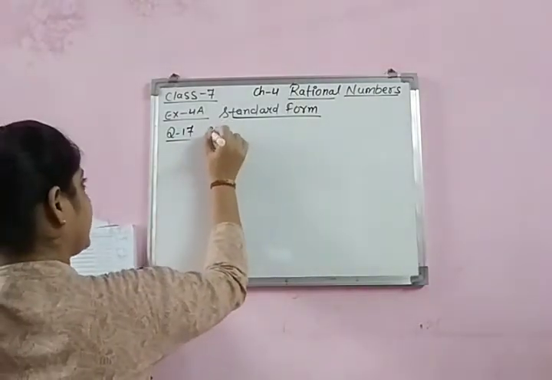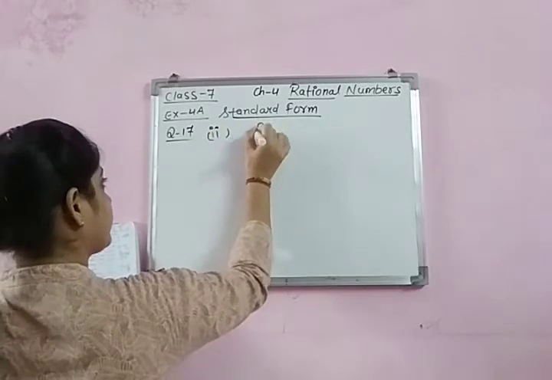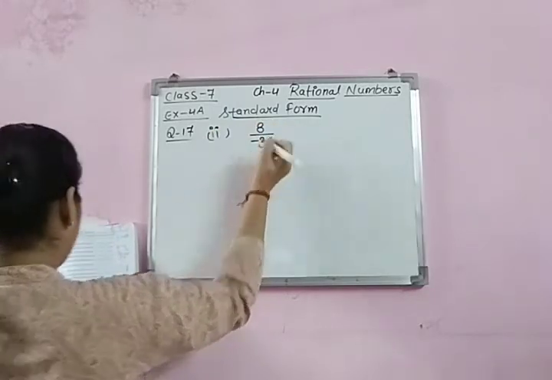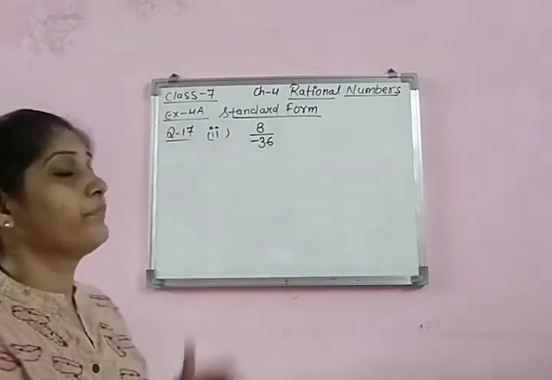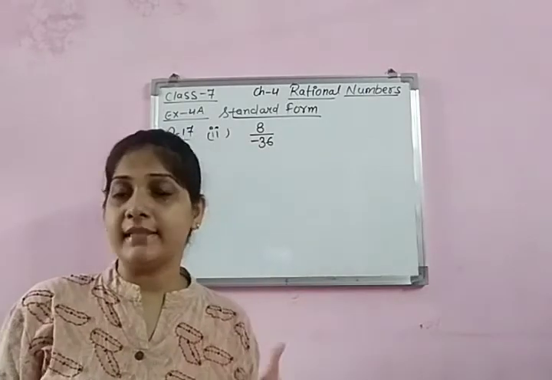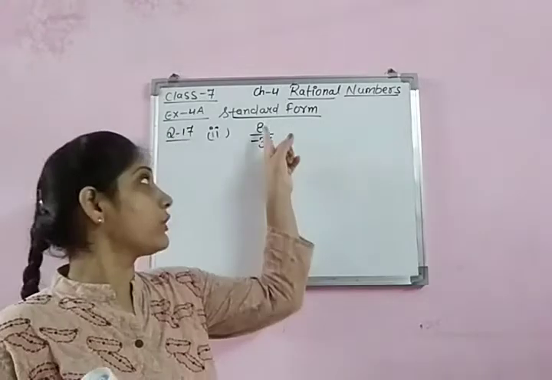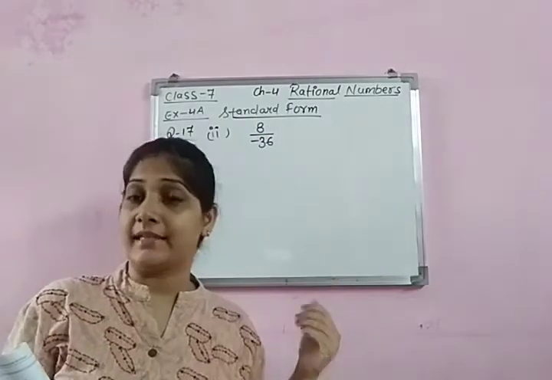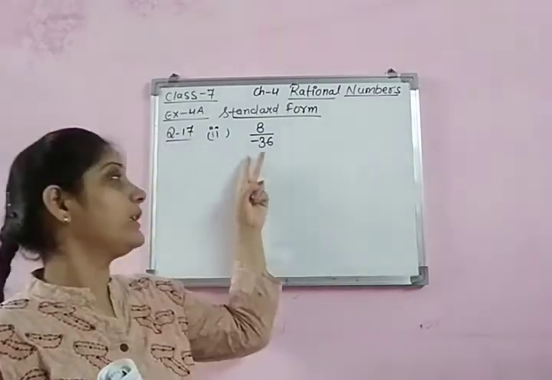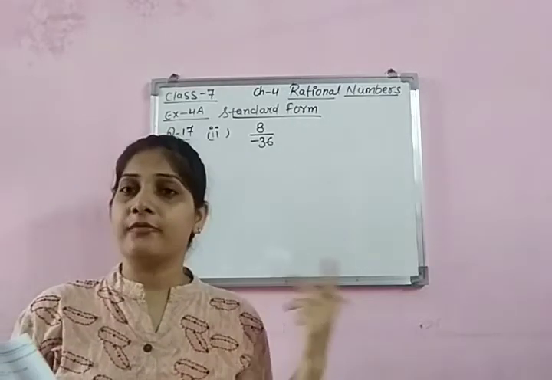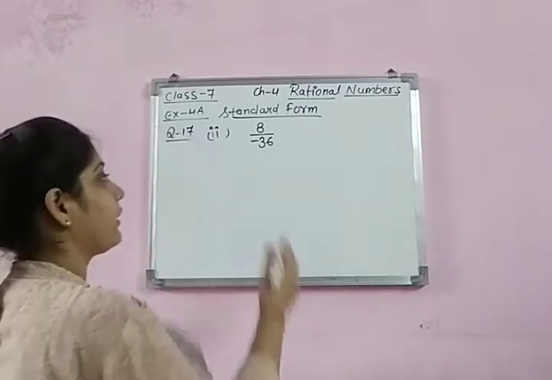So question number 2, I am telling you the second part first of all. 8 upon -36. This number is not in standard form because it can be cancelled out, as both are even numbers. The second thing, the denominator is not positive. So let's first make the denominator positive.